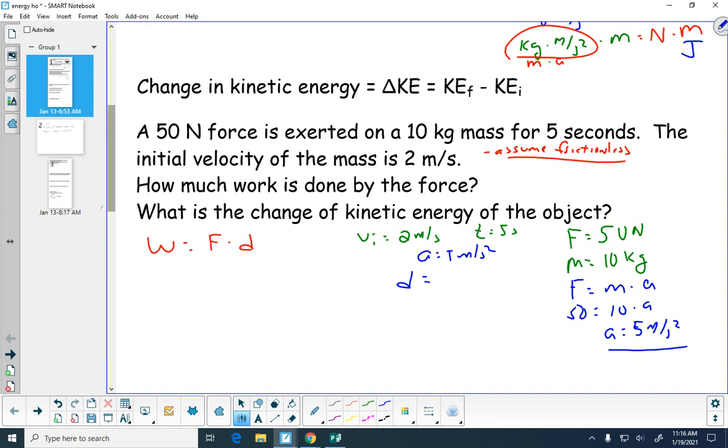We have displacement equals v initial t plus 1/2 a t squared. What is our displacement, Jordan?